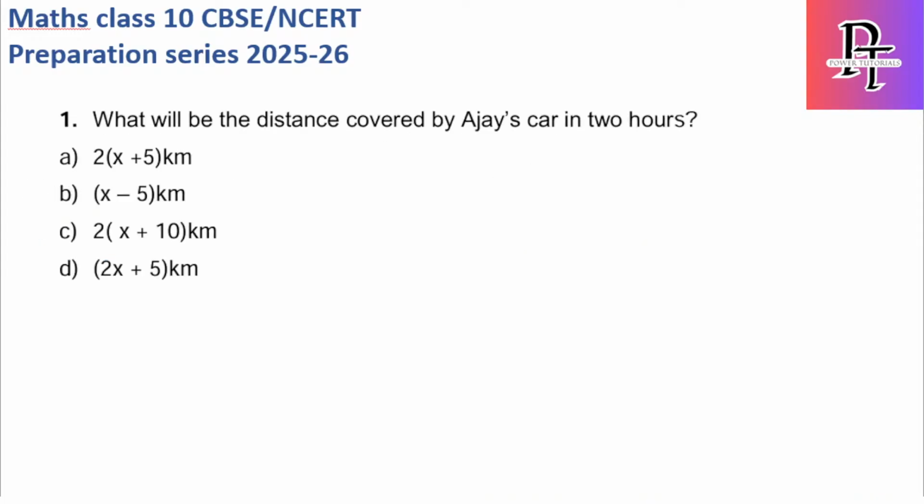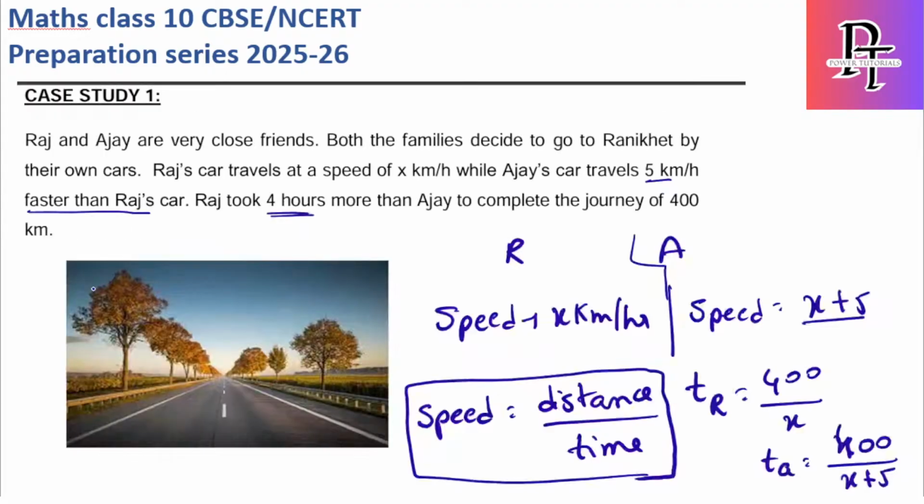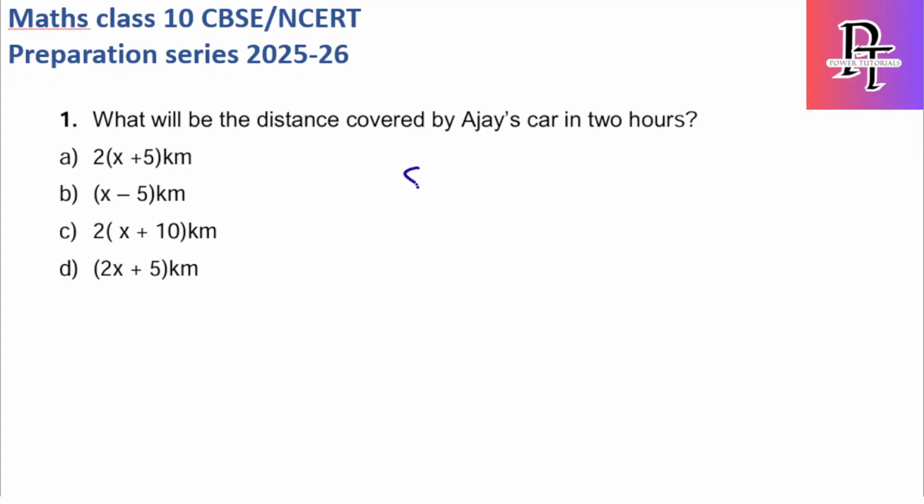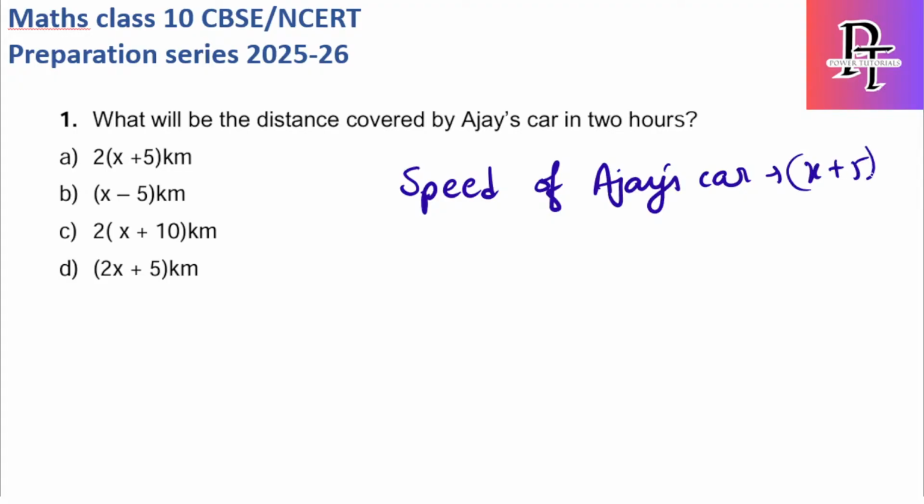What is the distance covered by Ajay's car in 2 hours? I told you the speed of Ajay's car is x plus 5. So what is the distance?